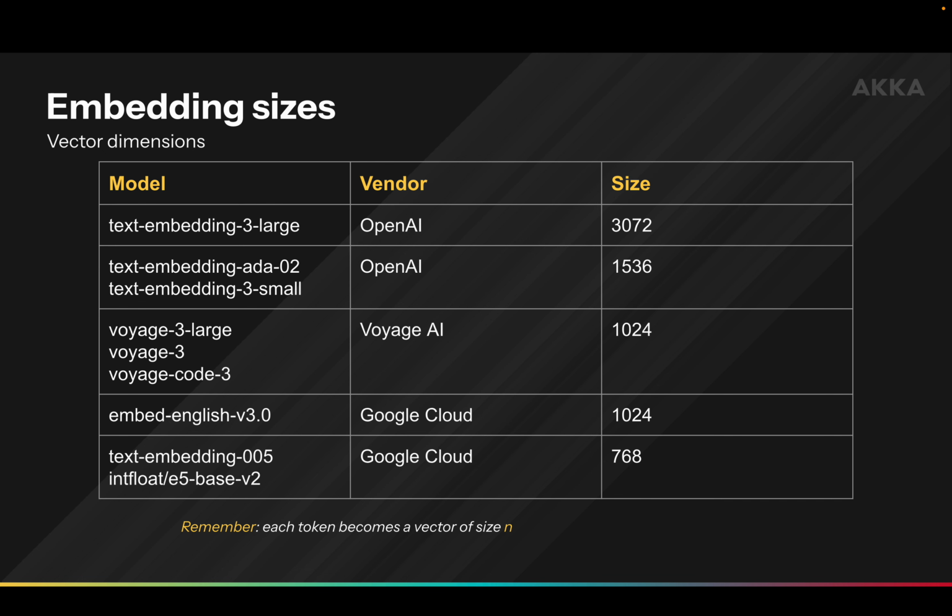When I create a vector embedding, in some cases I could have over 3,000 dimensions for a single token, and there's a lot of math involved and plenty of asterisks. But you can think of this as the more dimensions there are in your vector embedding, the higher chance there is of having a more meaningful result. Obviously there's exceptions, but in general, higher dimension embeddings are better, but there's also trade-offs.